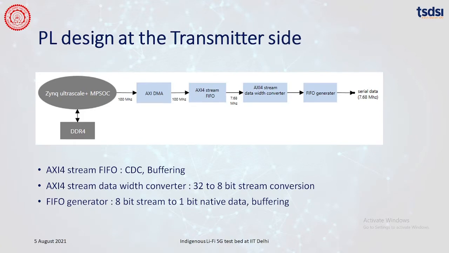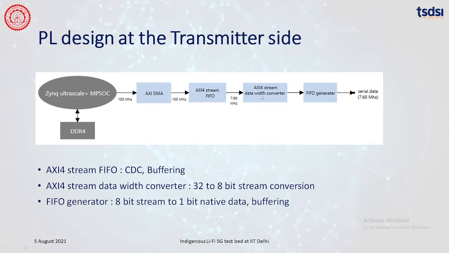PL design at the transmitter side. This PL design is for data width conversion. In this, the blue colored blocks are the IP cores that are used in the PL side. First, after the AXI DMA, data is given to the AXI4 stream data FIFO. It is used for clock domain crossing from 100 MHz to 7.68 MHz.